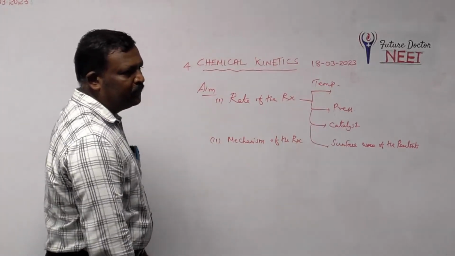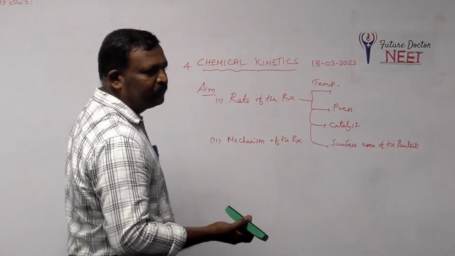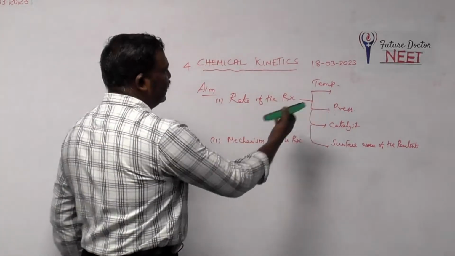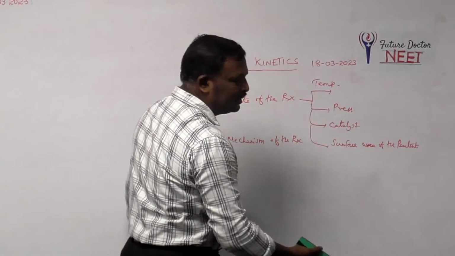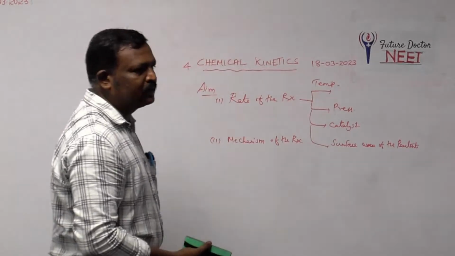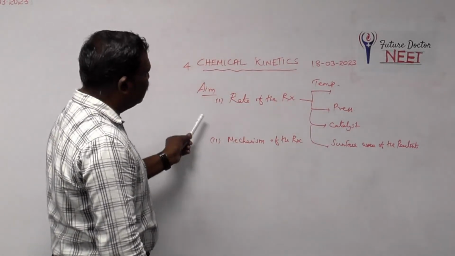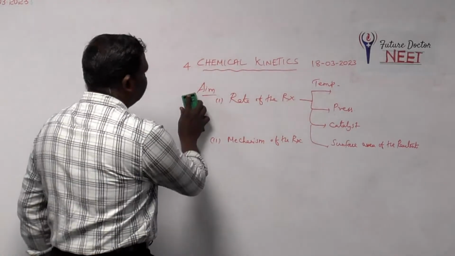That's all, simply remember. If you want to increase the speed of the reaction, what conditions should you follow? Generally temperature and pressure. If you apply temperature or pressure, automatically the reaction goes on very fast. Understood? This is the scope of this lesson.